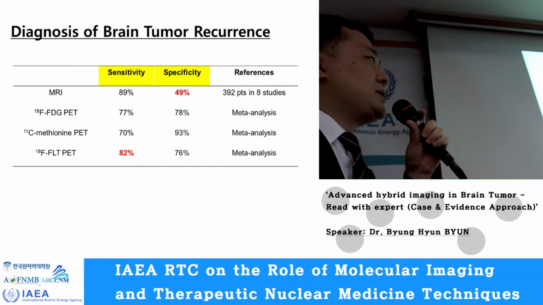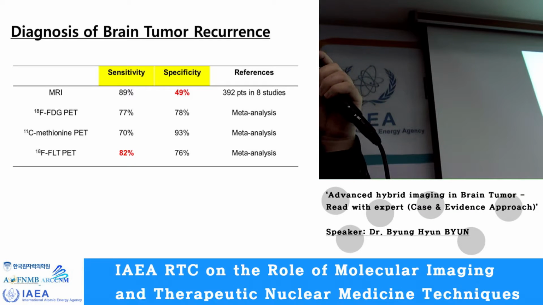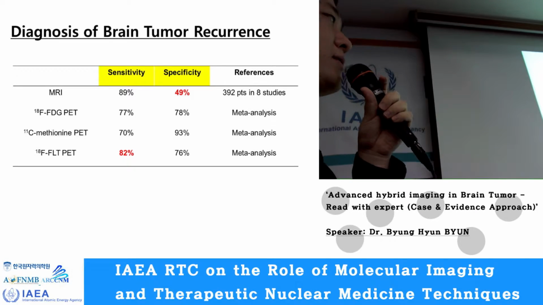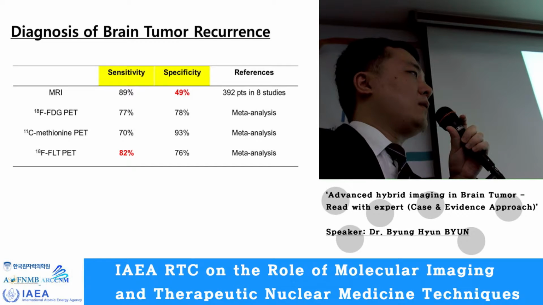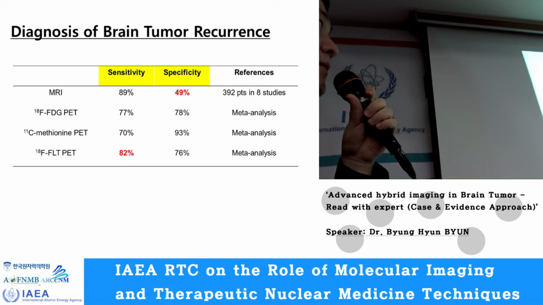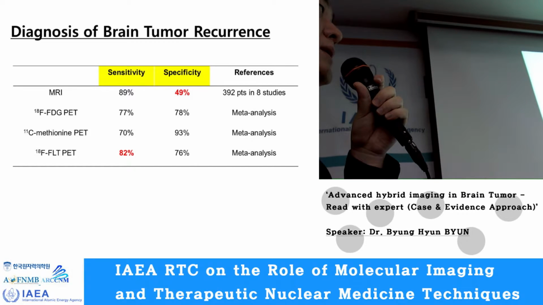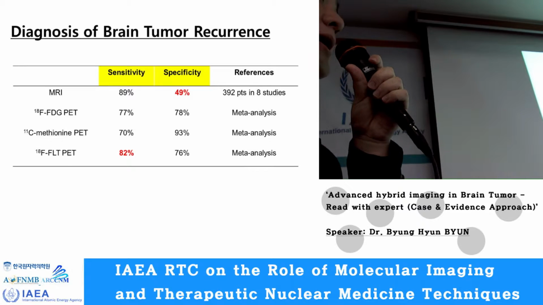Anyway, MRI shows a relatively low specificity for diagnosing brain tumor recurrence. So PET is useful for the diagnosis of brain tumor recurrence because it shows higher specificity than MRI.